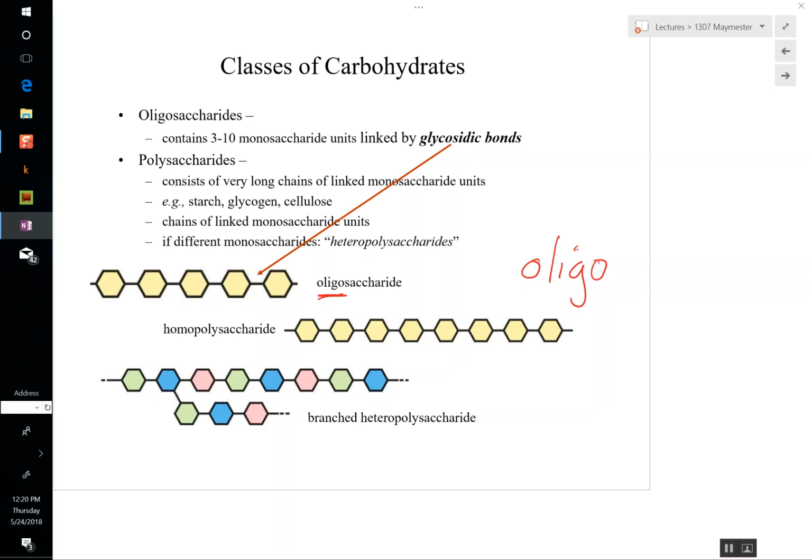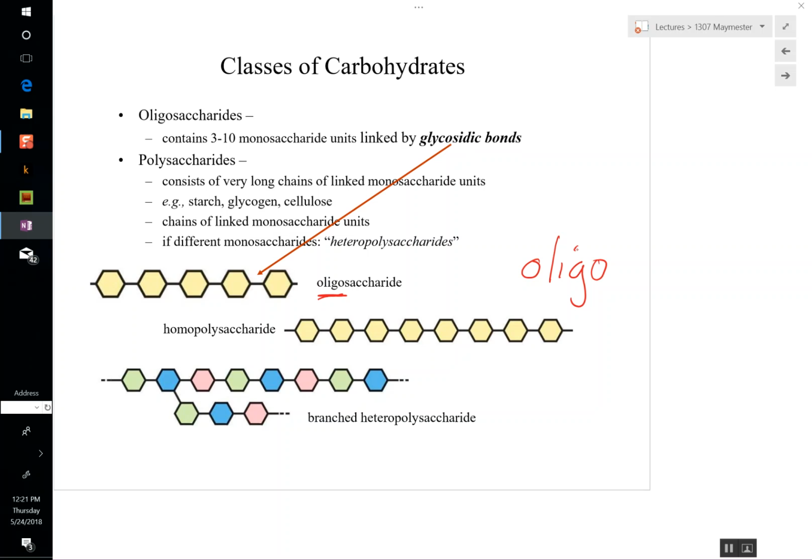Or there was a pair. How many were there? Several. We'd say, how many people were there? Many, okay? So we're going from di is 2 to a few would be oligo to poly for many. Polynesia is a country of many islands. I forget, over 1,000 islands. Polynesia, a lot of islands.